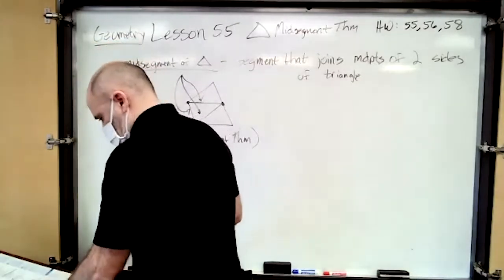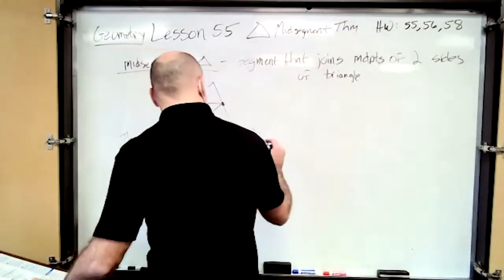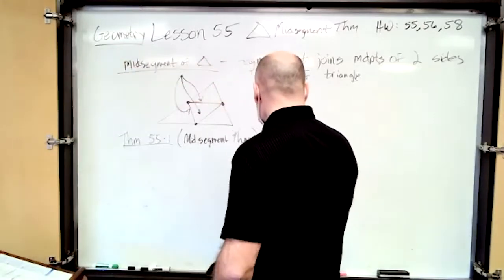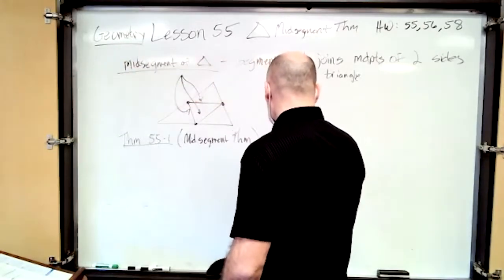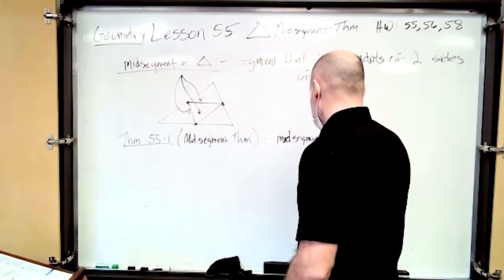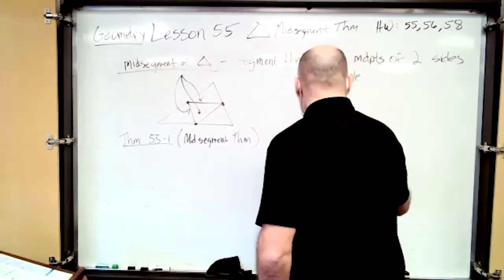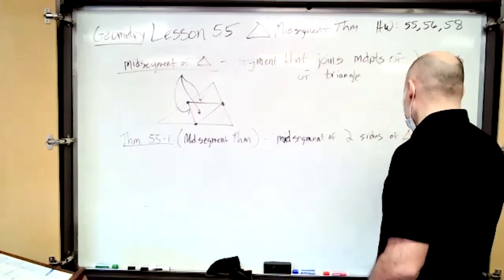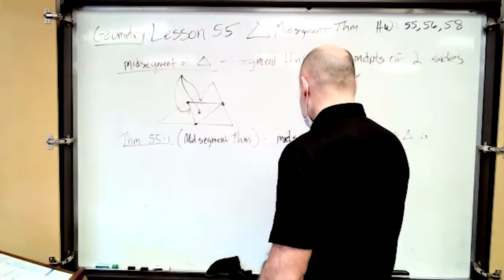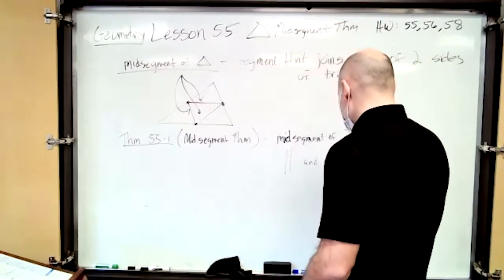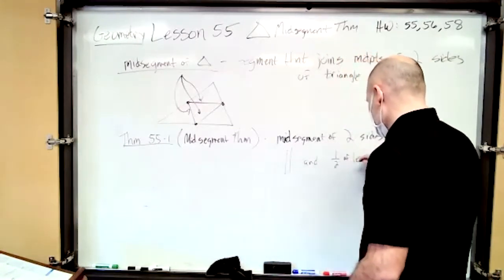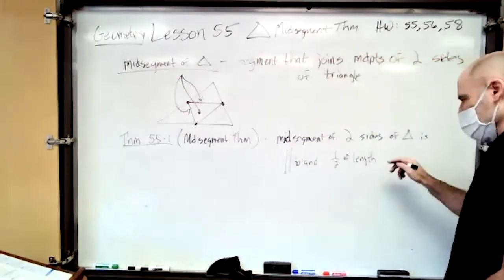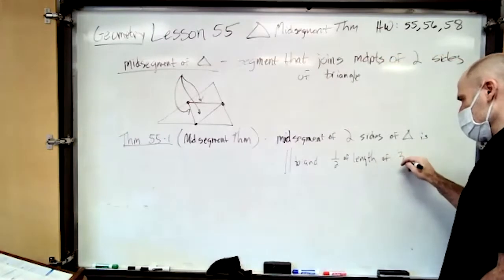Okay, so let's shorten this a little bit. Mid-segment of two sides of a triangle is parallel to and half the length of the third side.